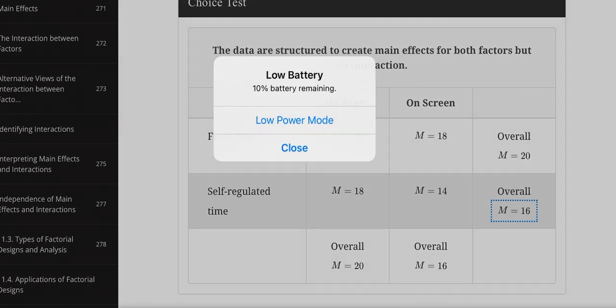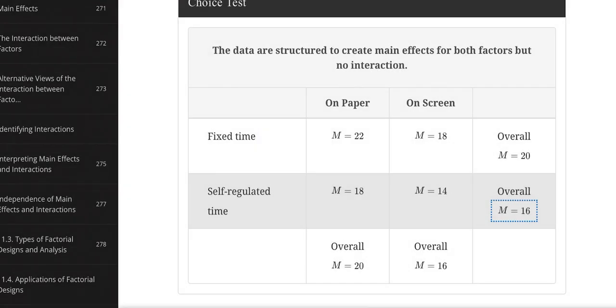Is the 4-point difference between fixed time and self-regulated time statistically significant? Yes, there's a difference, but you have to actually do a statistical test to determine if it's statistically significant. But overall, you can see how you can tell if there was an effect. Obviously, if these two means were the same, then there would not be an effect here, right?